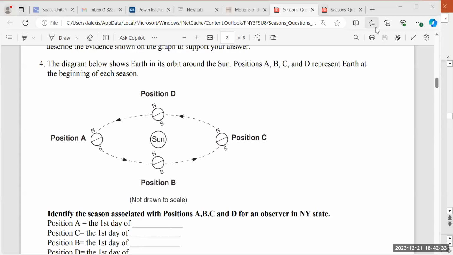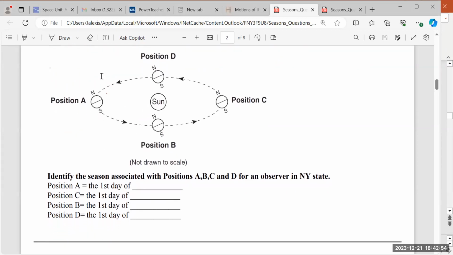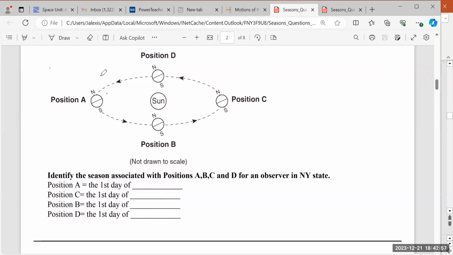So number 4 says, the diagram below shows Earth in its orbit around the sun. Positions A, B, C, and D represent Earth at the beginning of each season. Very important. All right, so let's go and do this work. The question says, identify the season associated with positions A, B, C, and D for an observer in New York State.